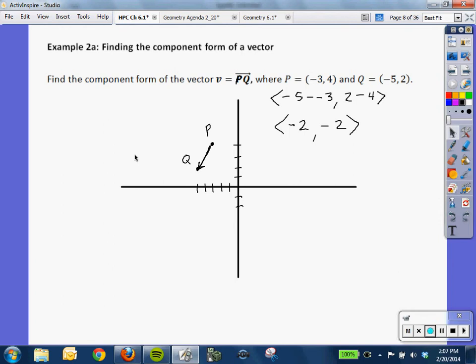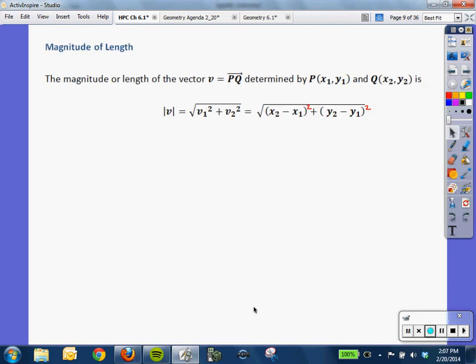Good? All right. So this next piece here is all about finding the actual magnitude or the length of a vector that doesn't have the initial point at 0, 0. And all it is really is the distance formula, which is just the Pythagorean theorem. So don't let this formula scare you.